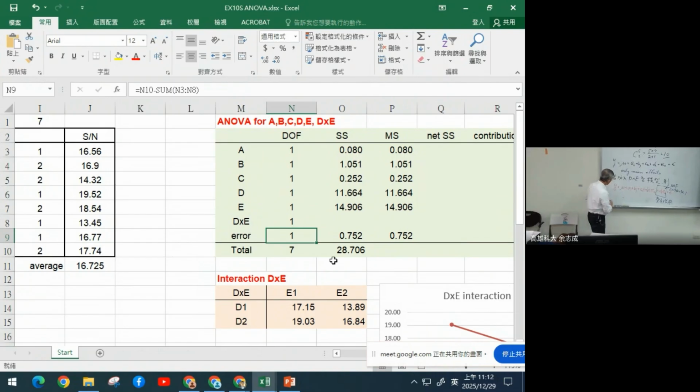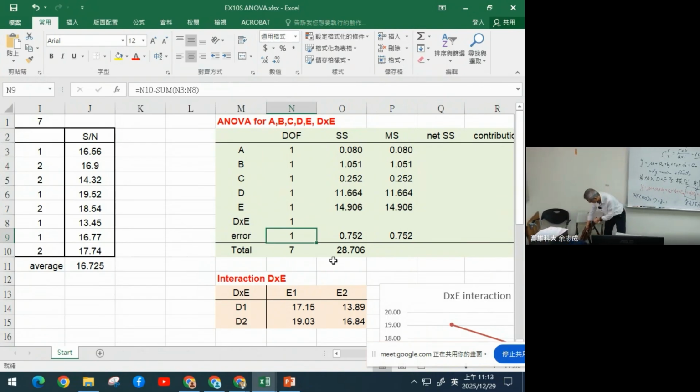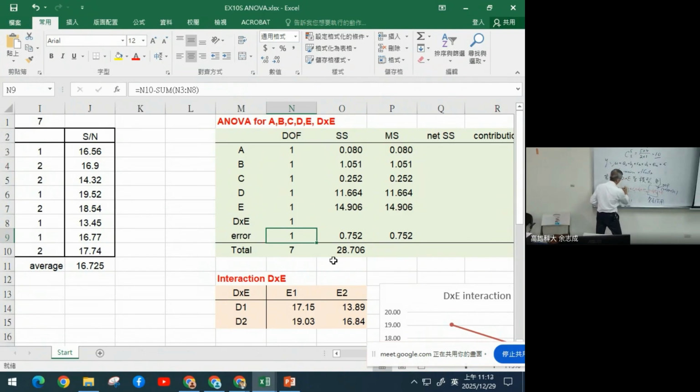So in your model, the total degree of freedom was 7, right? Which is 8 minus 1. And in your model, the main effects already use 1, 2, 3, 4, 5, 5 degrees of freedom.